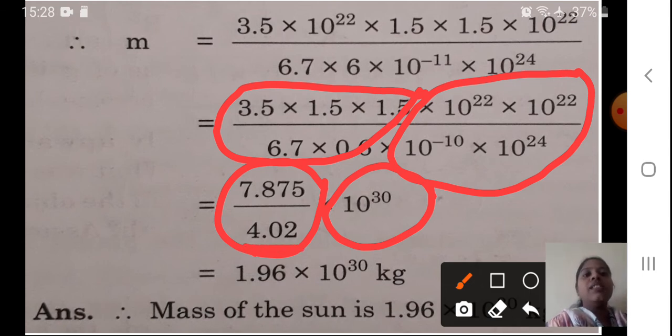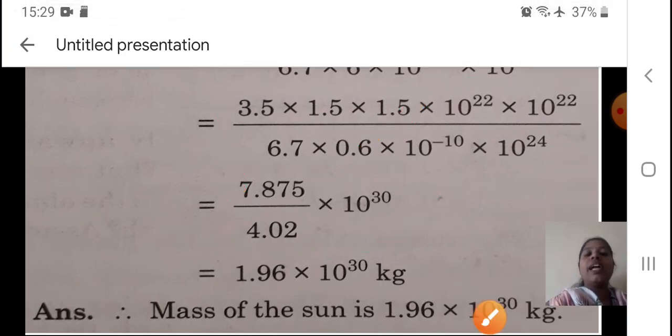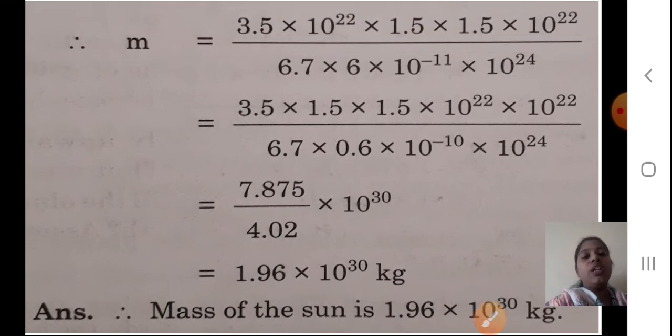This division part gives 1.96 into 10 raised to 30 kg. Don't forget to write the unit. So solve this in your notebooks, surely you will get the answer, students. Step by step you do, but don't skip any steps. So the answer is 1.96 into 10 raised to 30 kg. So the mass of the sun is 1.96 into 10 raised to 30 kg.